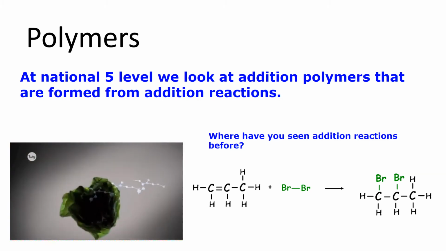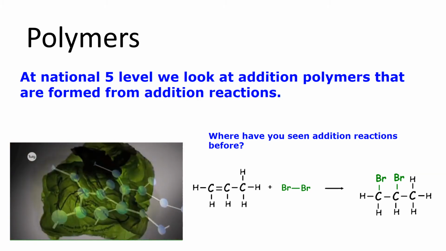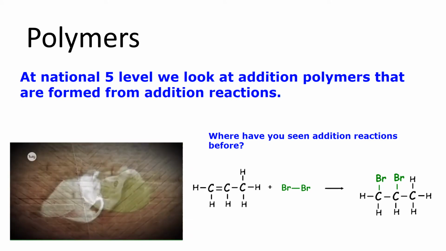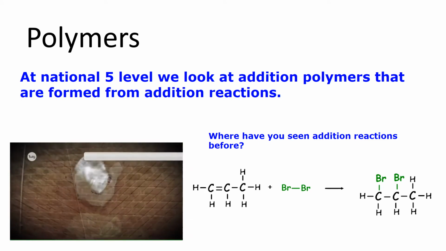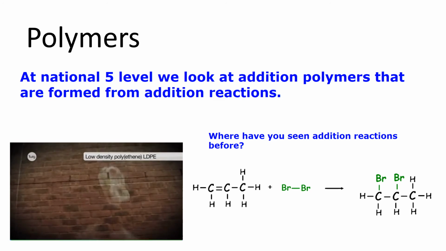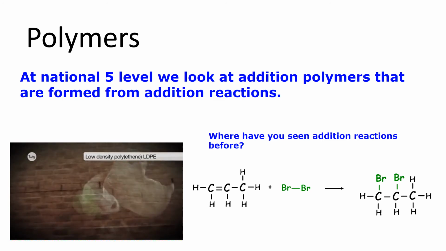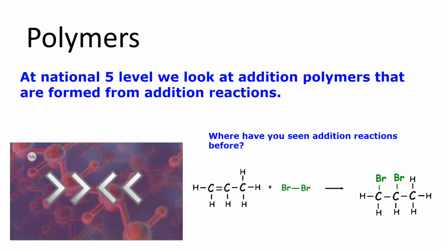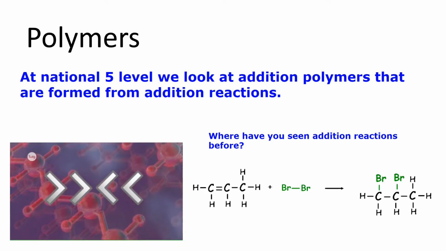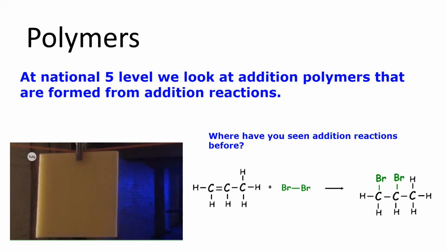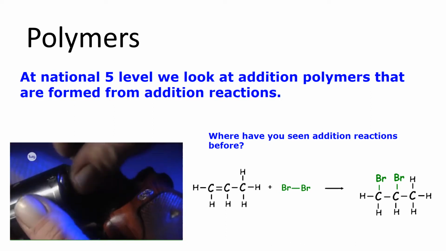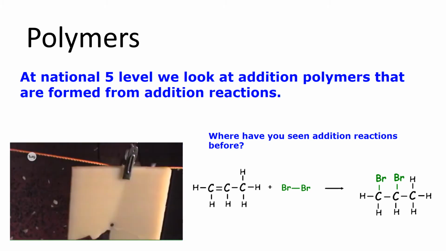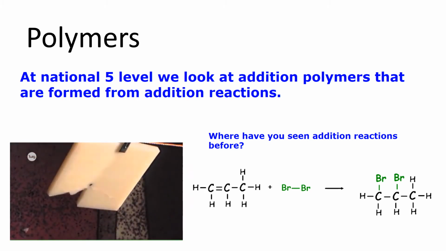But branched polymers cannot pack so easily, so the density is low. And this lighter, flexible material makes plastic bags. The force of attraction between polymer molecules also has an effect. The stronger these intermolecular forces, the tougher the plastic is, and the higher its melting point.